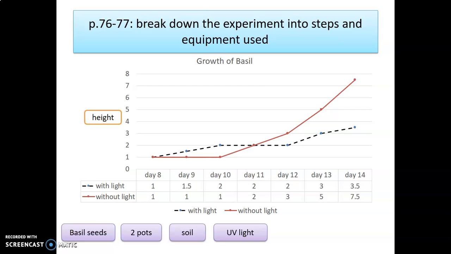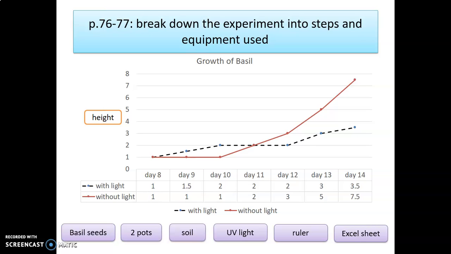UV light or the sun. Well, basically, UV light is better than the sun because it can be used 24/7, right? Whereas the sun is only available during the day. Then the ruler or a measuring tape to measure the height. See here the height. And Excel sheet to note down the data.